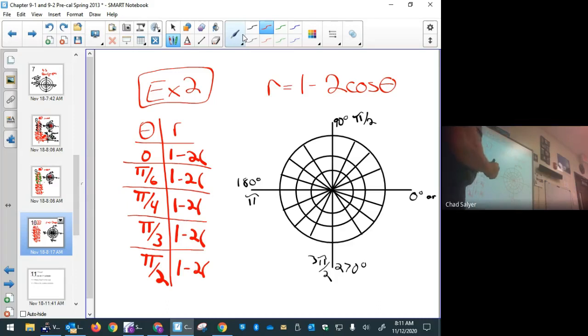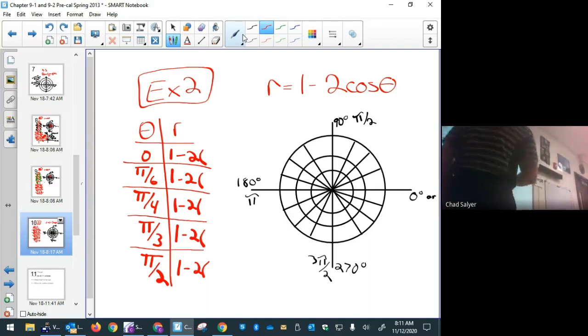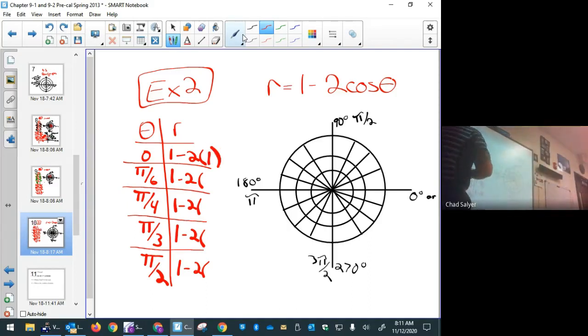So what is the cosine of 0? That would be 1. Good. What about the cosine of pi over 6? Radical 3 over 2. Very good. You guys seen this pattern yet? It's not hard.